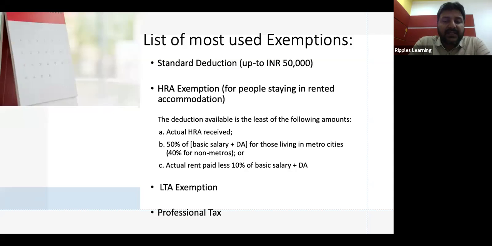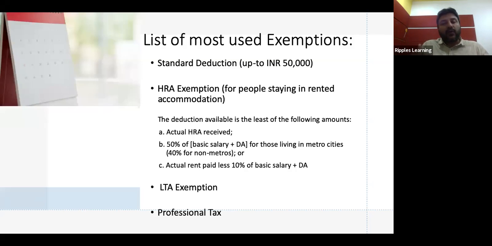Second is 50% of basic plus DA if you're living in a metro, and 40% for non-metro, right? And third is actual rent paid less 10% of basic salary plus DA, right? Whatever actual rent you are paying minus 10% of basic or basic plus DA.